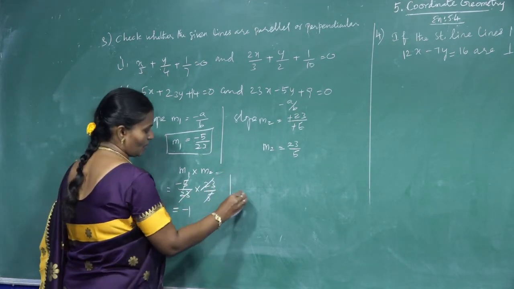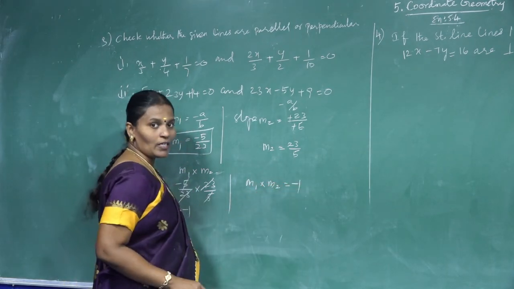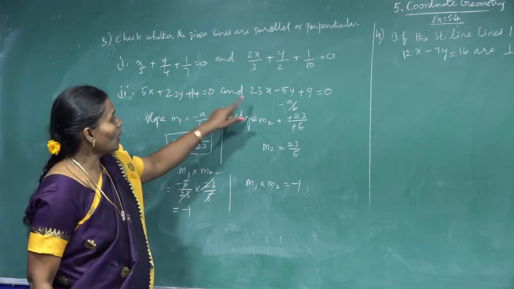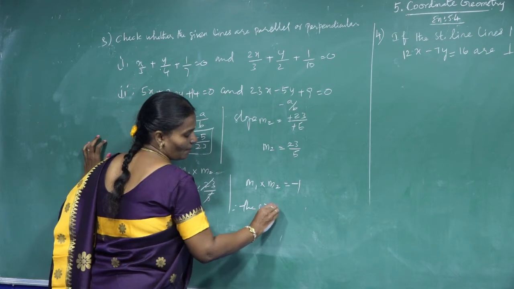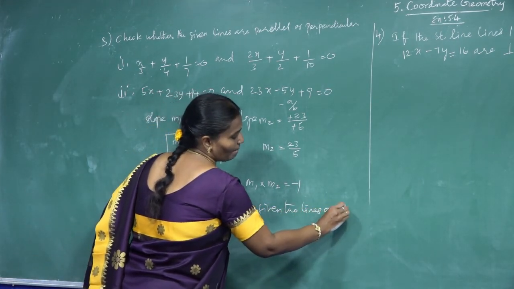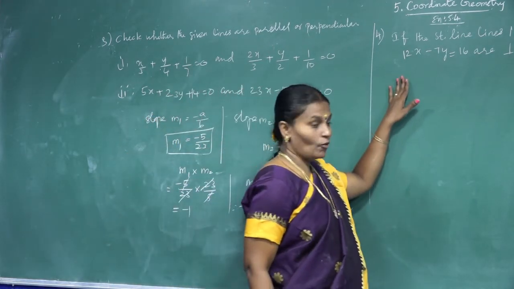So m1 into m2 is equal to minus 1, which means these two lines are perpendicular. Therefore, the given two lines are perpendicular. Understand, children? Good.